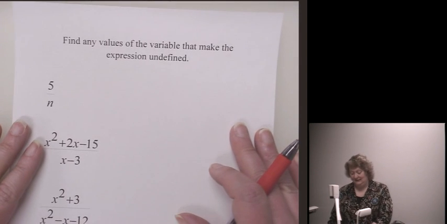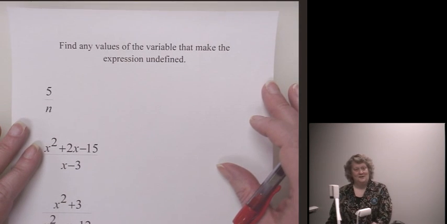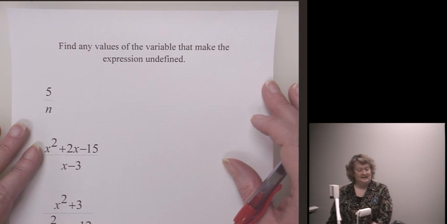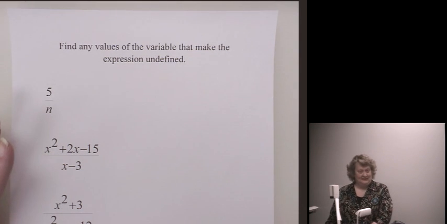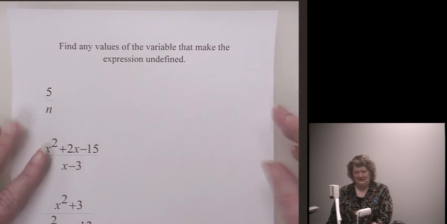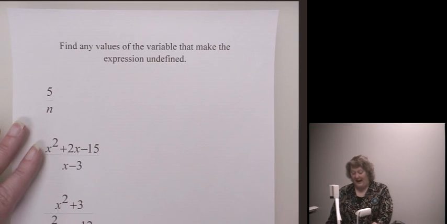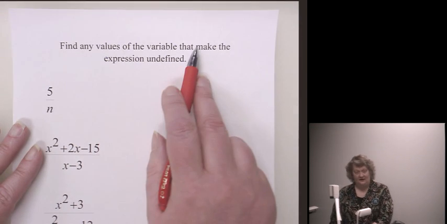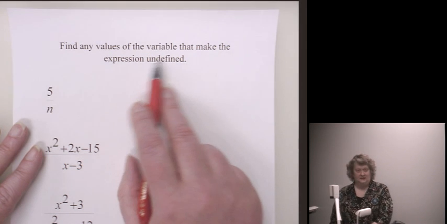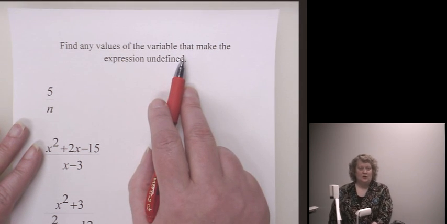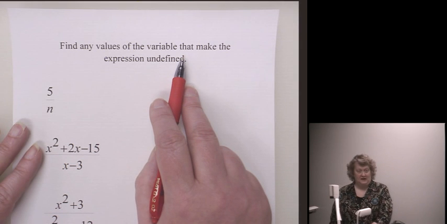It's basically for our DSPM 0850 students, although some students may need it for our 1710 class, as well as maybe our 1630 class and our calculus class, but it's really based and directed for our 0850 course, where they're asked to find any values of the variable that make the expression undefined. In this case, what we're talking about is rational expressions where we have x in the denominator.